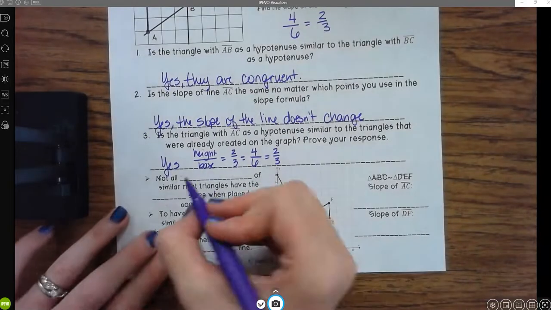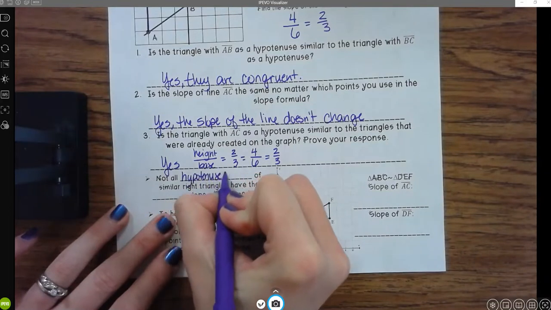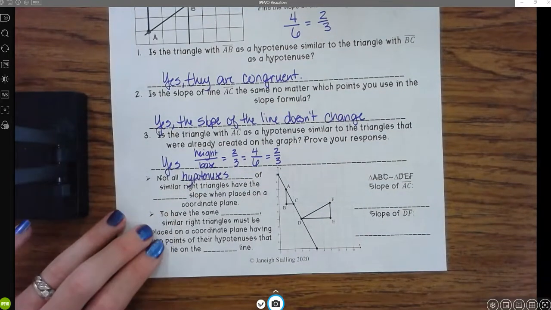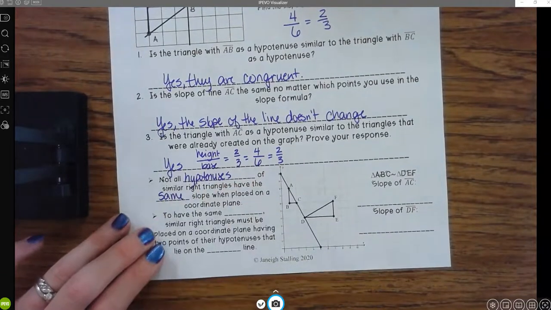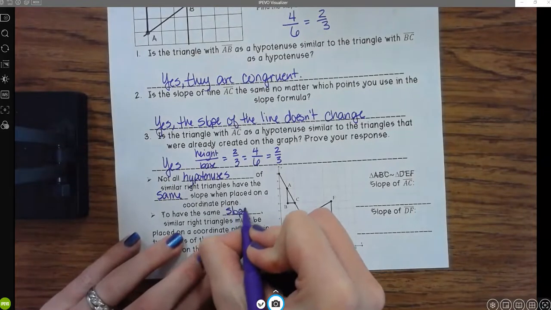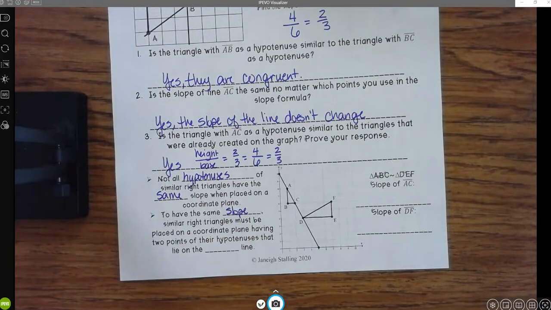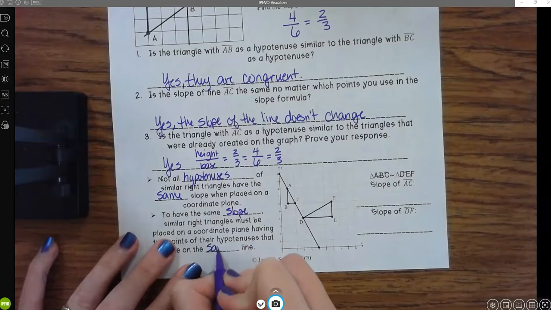So not all hypotenuses of similar right triangles have the same slope when placed on a coordinate plane. To have the same slope, similar right triangles must be placed on a coordinate plane having 2 points of their hypotenuse that lie on the same line.